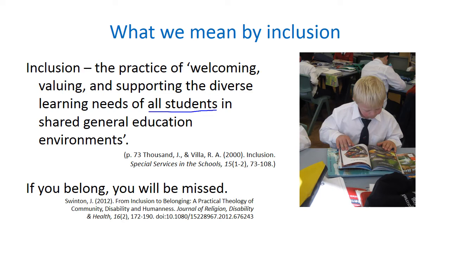It means that we welcome them, value them, and support them in their general environments. So we've got this general classroom environment, not isolated, segregated situations, but all students together.